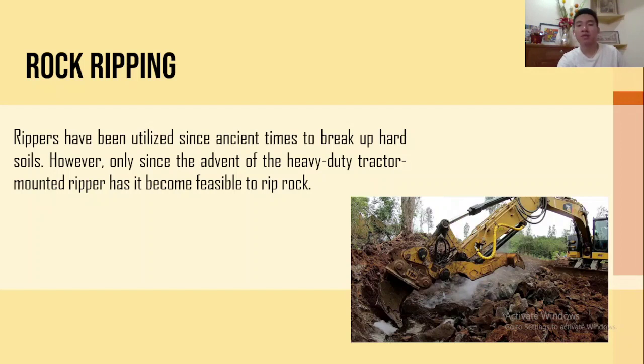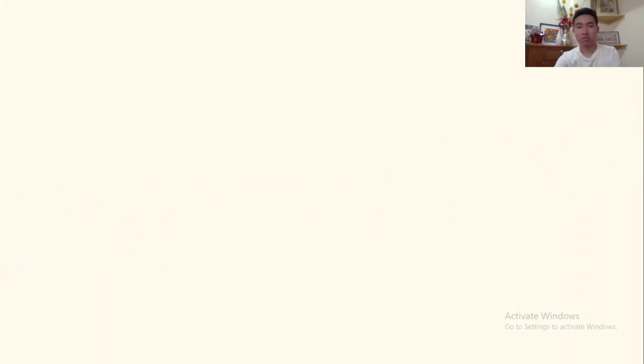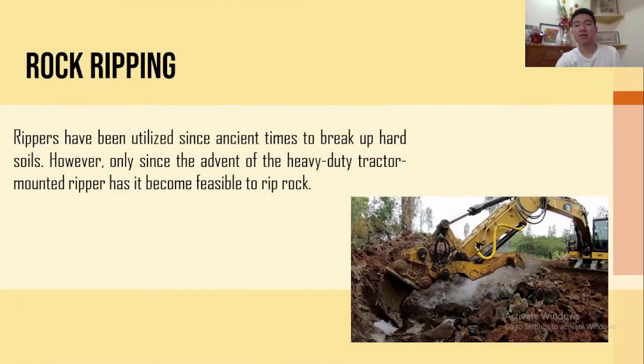Rock ripping is usually cheaper than drilling and blasting, because it's handy. Additional advantages of ripping over drilling and blasting include increased production, fewer safety hazards and reduced insurance cost.